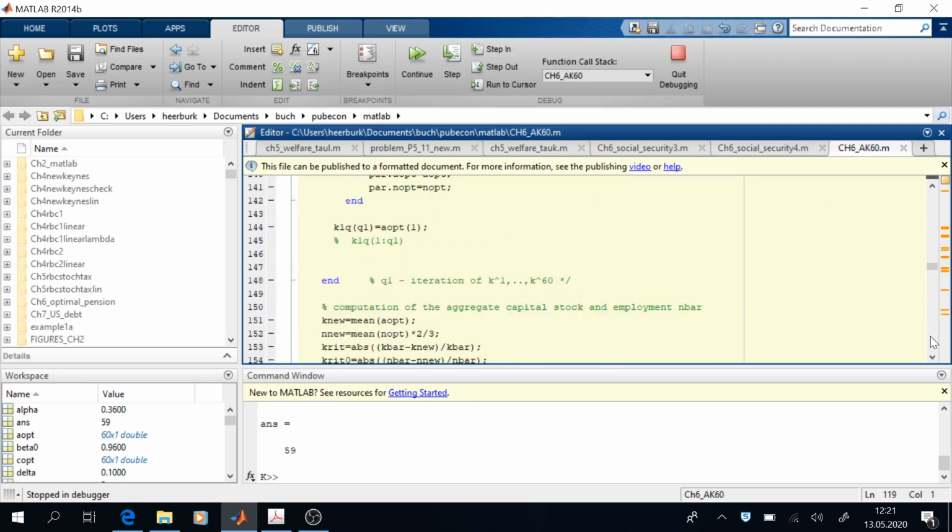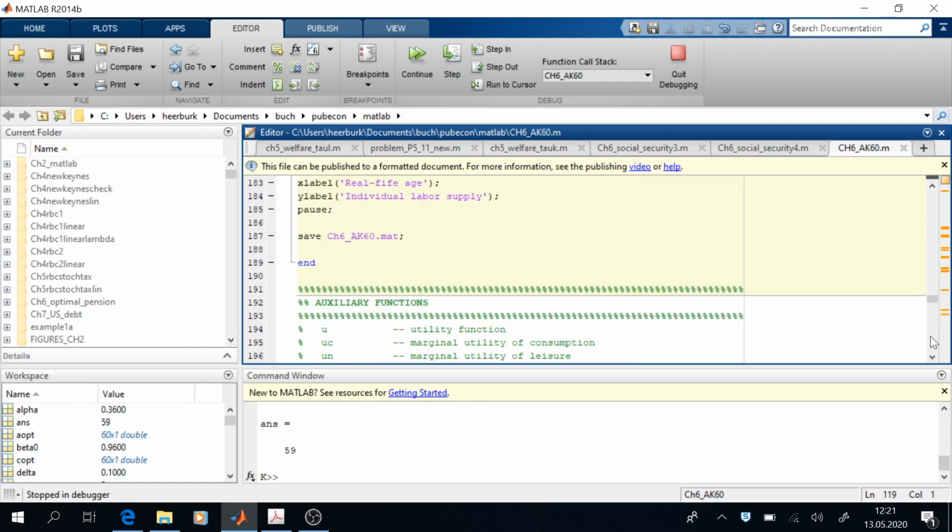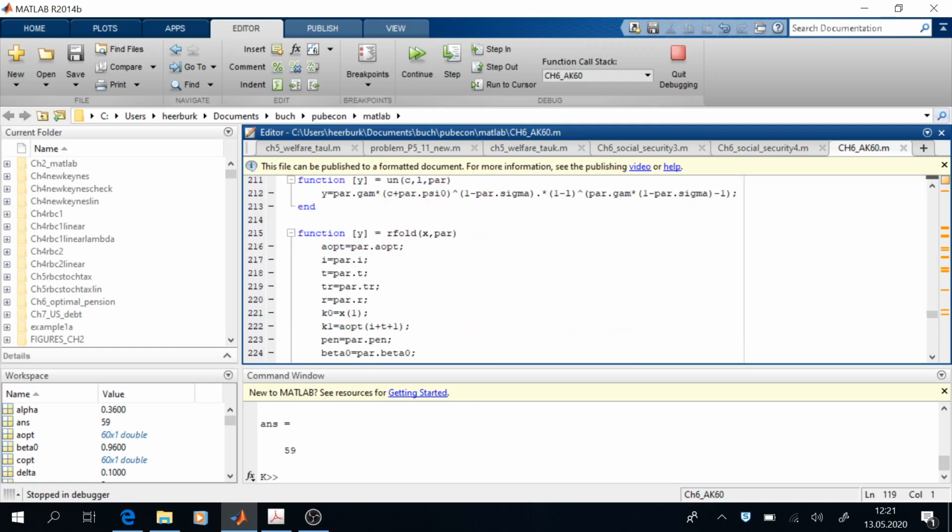So let me jump into the Euler equation. F old, the residual function of the old, and let's jump here, so run to cursor. So the variable x is our estimate of the asset level at age 59.